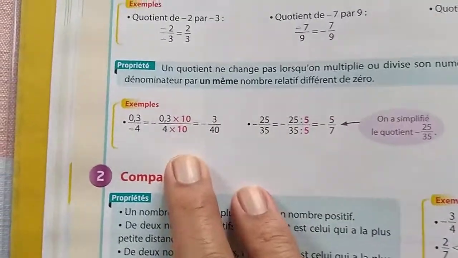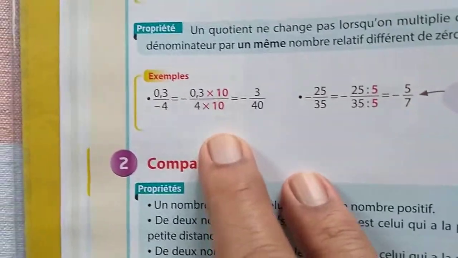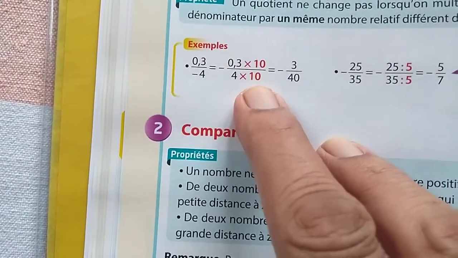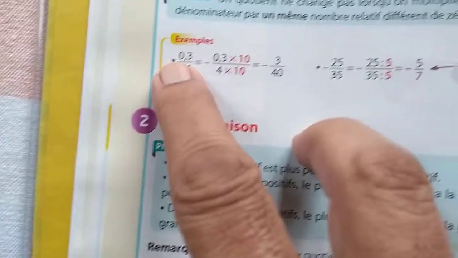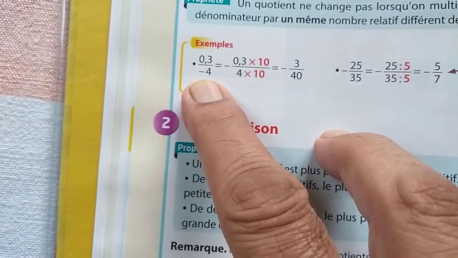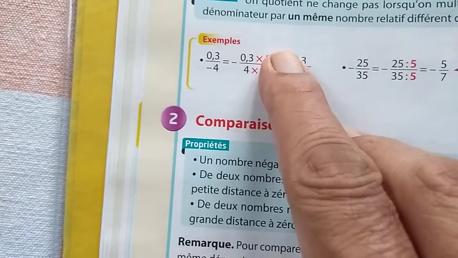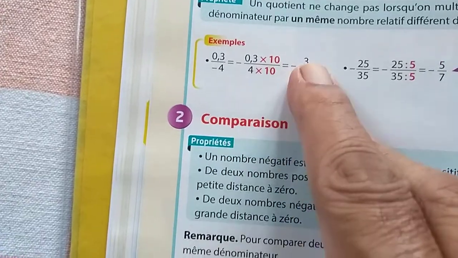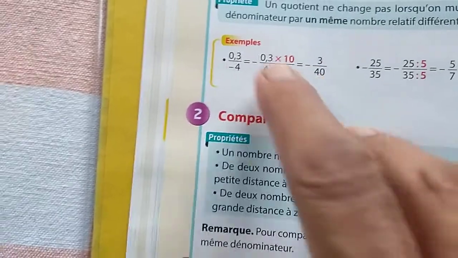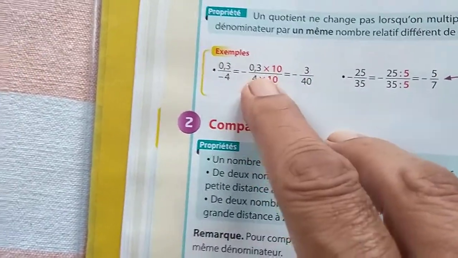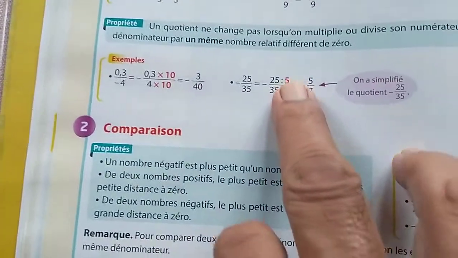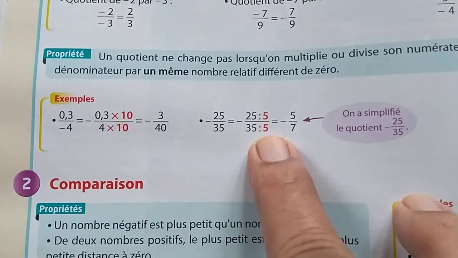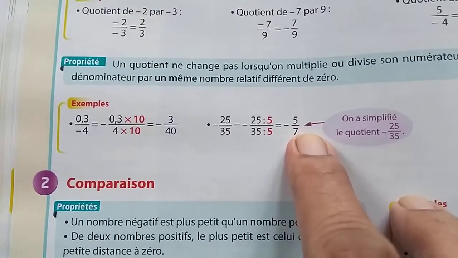Now, a fundamental aspect of a fraction is that if you multiply the numerator and denominator by the same number, the fraction doesn't change. So if I take 0.3 over minus 4 and I multiply it by 10, then I'll get 0.3 into 10 over minus 4 into 10, which is minus 3 over 40, the same as 0.3 over minus 4.